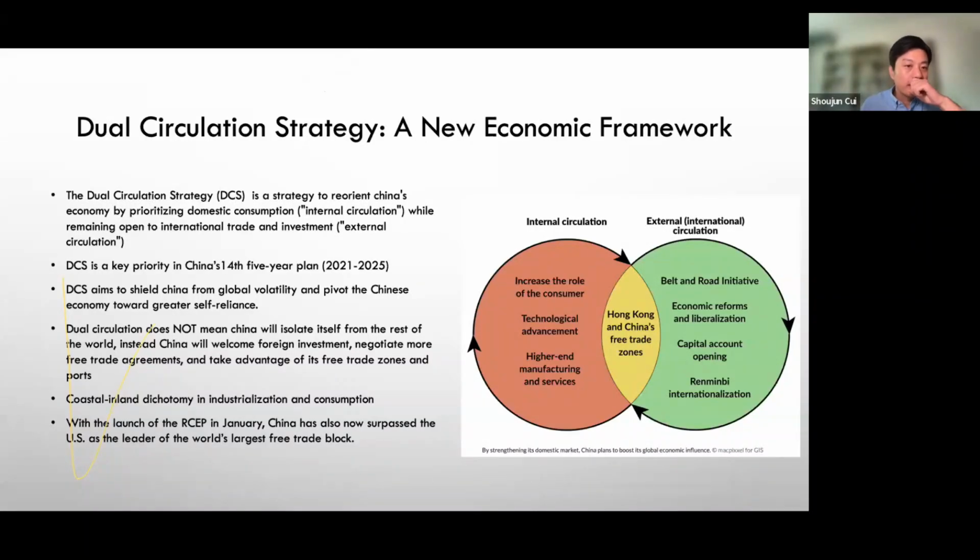The dual circulation strategy aims to shield China from global volatility and pivot the Chinese economy towards greater self-reliance. If you read Chinese history, you will know that the founder of the People's Republic of China, Mao Zedong, always insisted on self-reliance, that China should not depend on any given country.